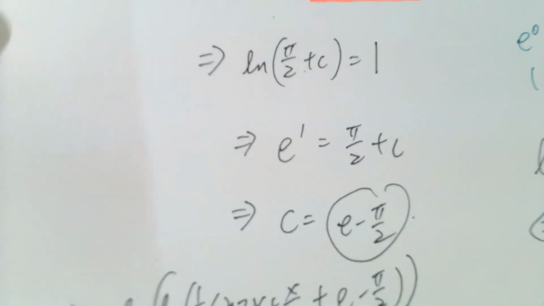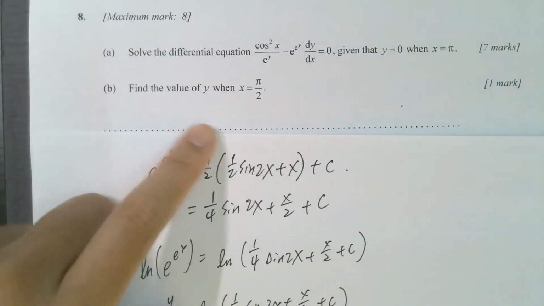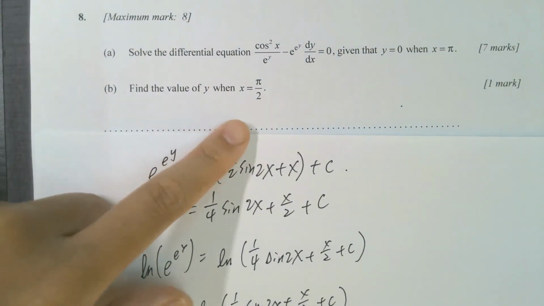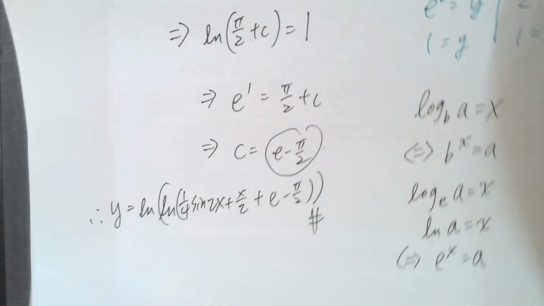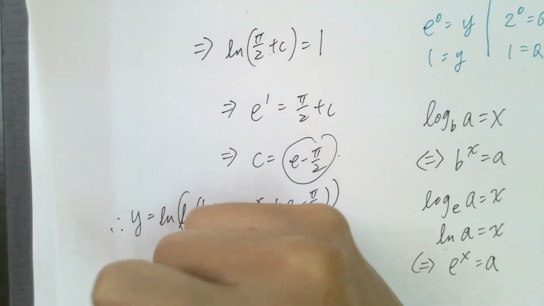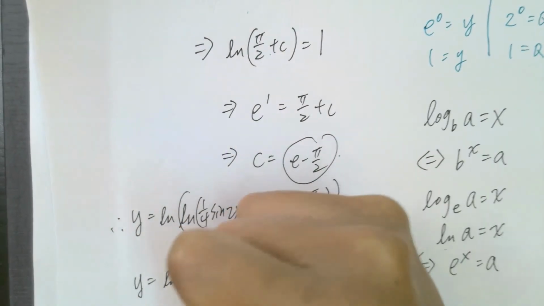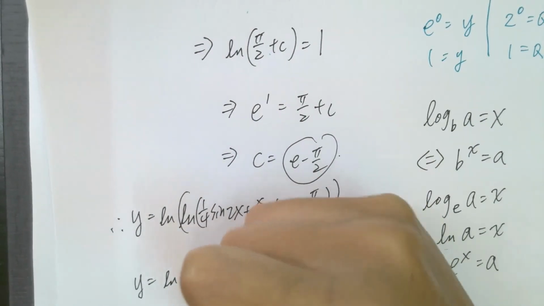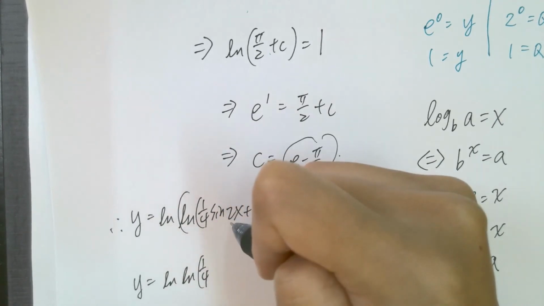And then part B, what does it say? Part B, find the value of y when x is equal to pi over 2. What a boring question, I must say. So we just plug it in. Ln of 1/4 sine 2x. When x is equal to pi over 2, 2x is going to be pi.